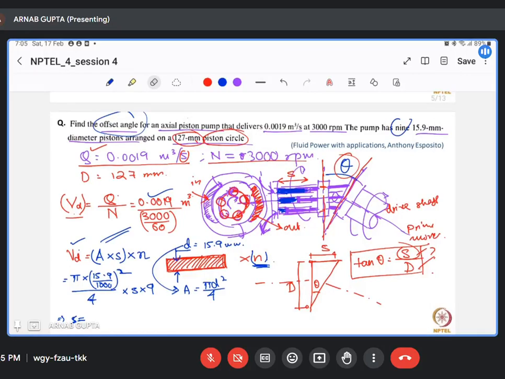So I'm getting around 0.021 meter. If I convert it into millimeters, basically it will be 21.26 mm.